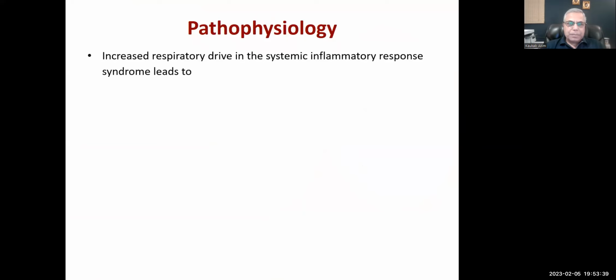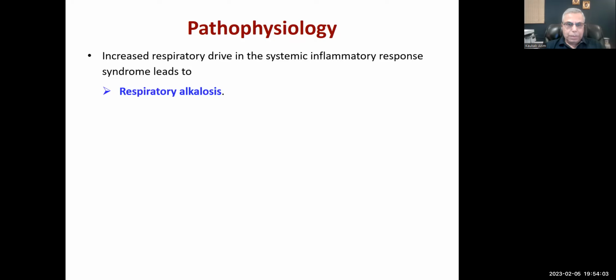So there is increased respiratory drive in the systemic inflammatory response, because the patient is not getting enough oxygen, or carbon dioxide accumulates in his bloodstream. So he starts to breathe faster, okay? And this will lead to respiratory alkalosis, right?